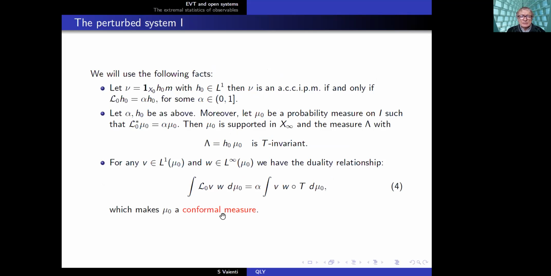Now there is some property of this conditional invariant probability measure which I have to state in order to continue. I told you before that I need this conditional invariant measure to be absolutely continuous, and it will be the case if the density with respect to Lebesgue, where m denotes the Lebesgue measure, is the eigenfunction of the first perturbed operator which I introduced just a few minutes ago.